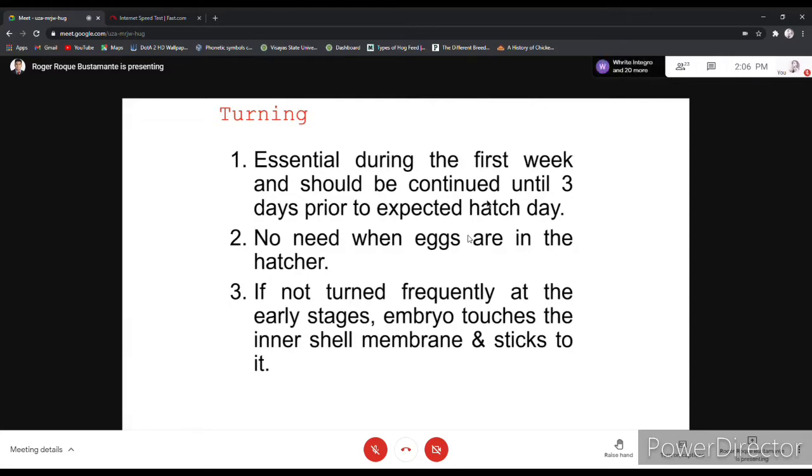So it is not only a ventilation reason that the chick sticks to its shell, but also poop. Turning of the eggs is very important to avoid these problems.